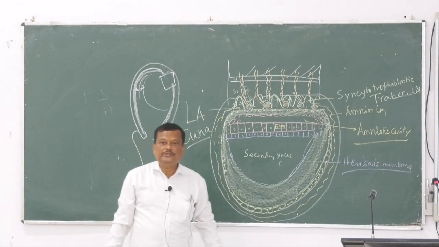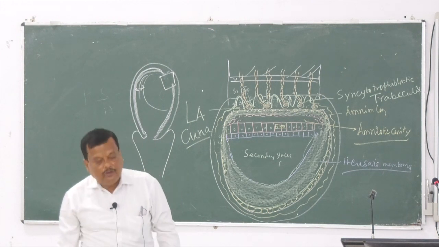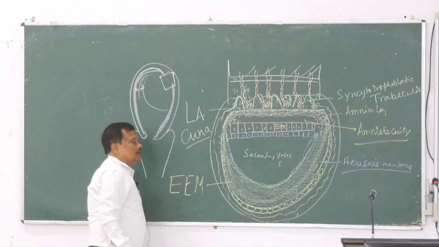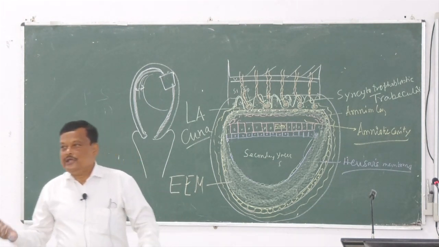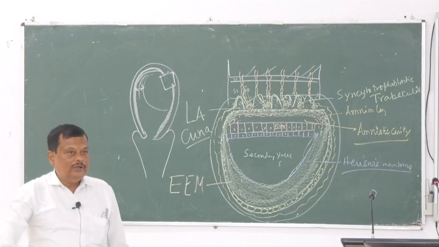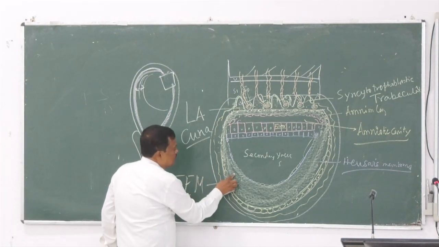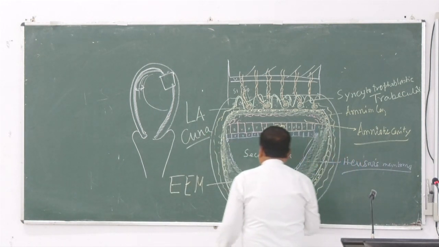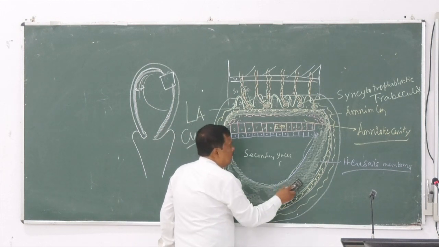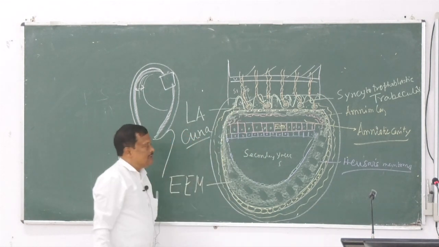What did we name this tissue? Extra-embryonic mesoderm. One thing we always see: whenever there is a mass of tissue, there appear spaces. Wherever you see a mass of cytoplasm, a space appears.